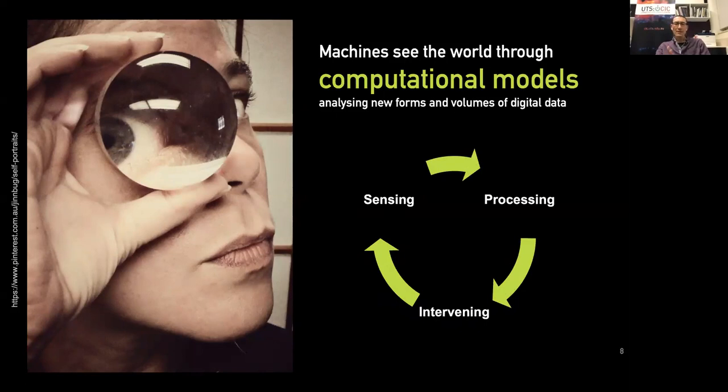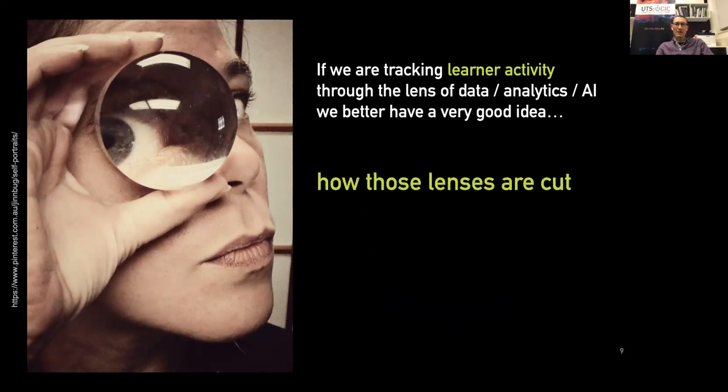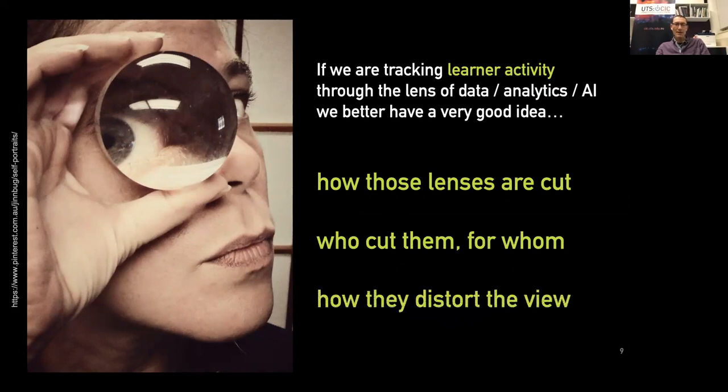And if this is going to be a fundamental way in which we see teaching and learning in the future, we better have a very good idea about how those lenses are cut. Who cut them, and for whom, for what purposes, and exactly how do they distort the view.